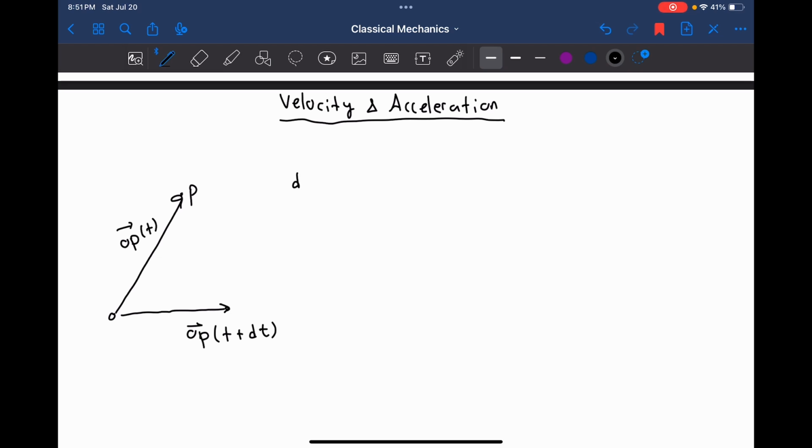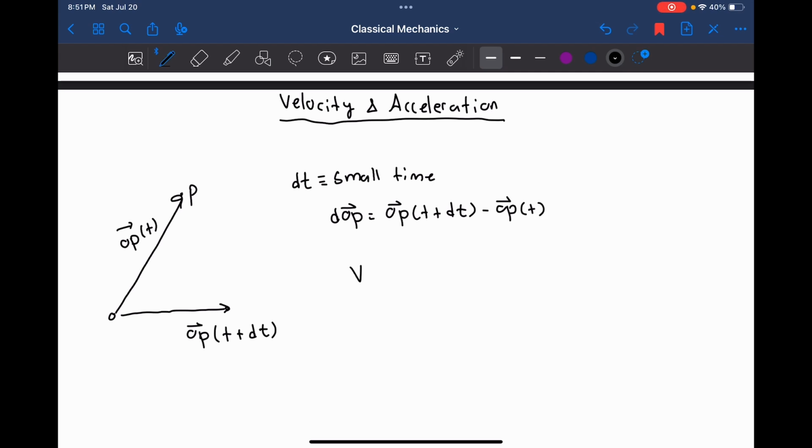Then we know that in a small amount of time dt, the particle has moved by an infinitesimal amount dOP, where this is equal to OP at the new point minus the original point.